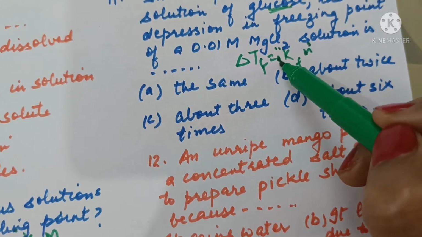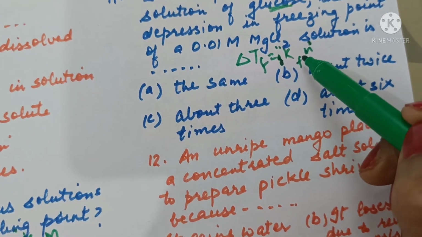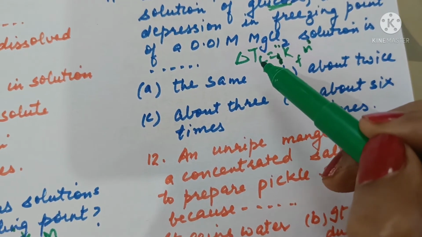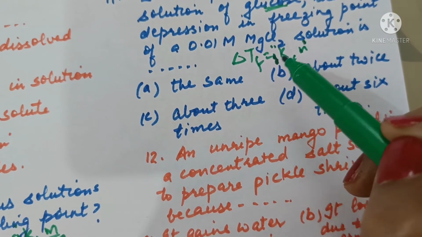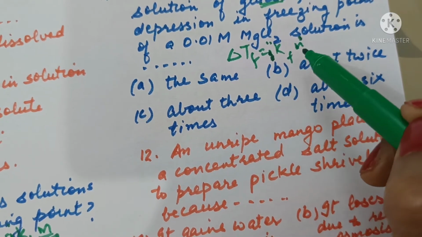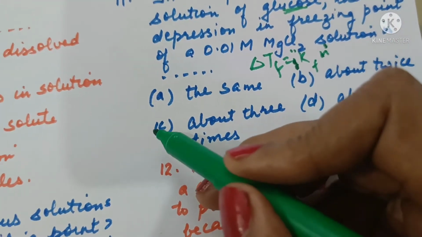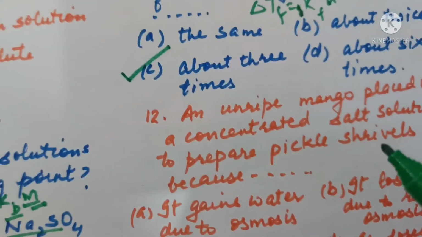So the value of i will be 3. On introducing 3 into this equation, the depression of freezing point turns 3 times higher. So the depression in freezing point is about 3 times.